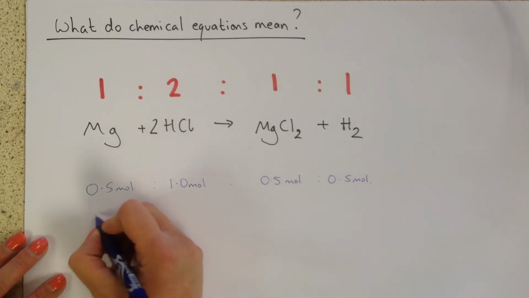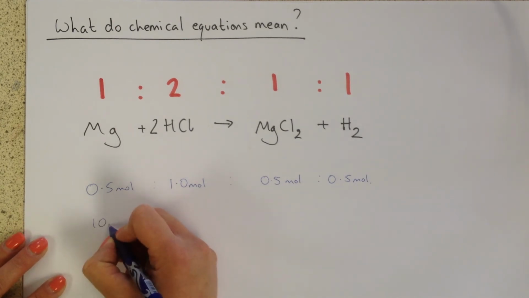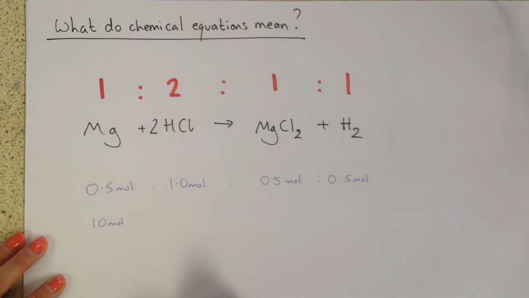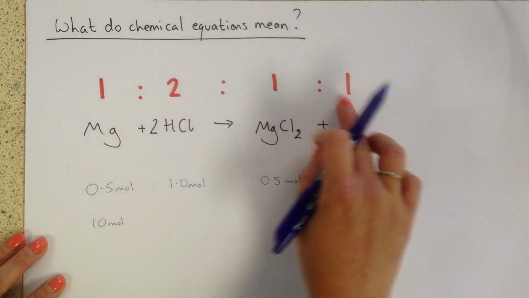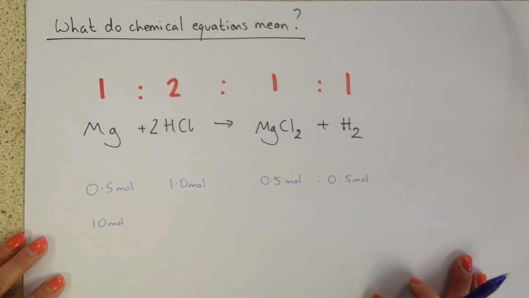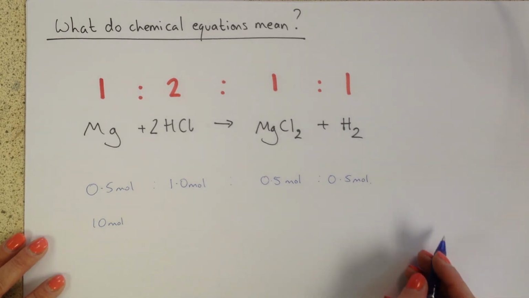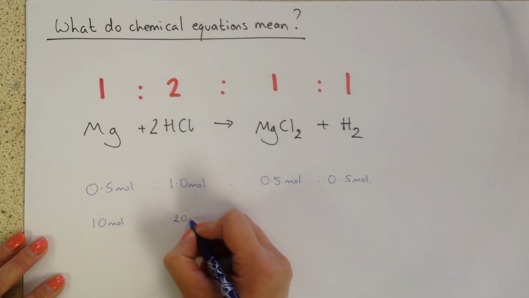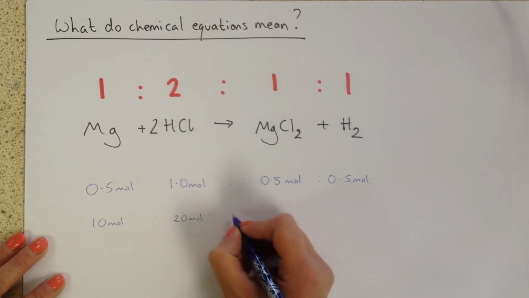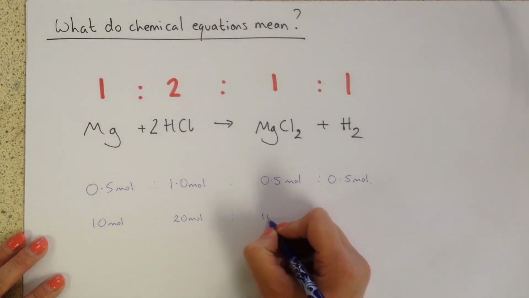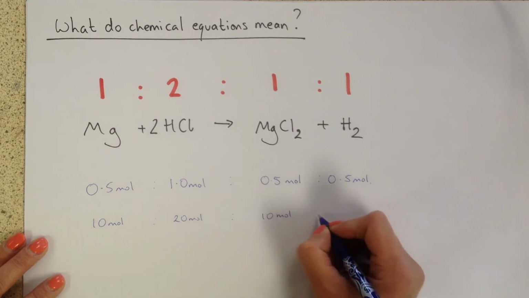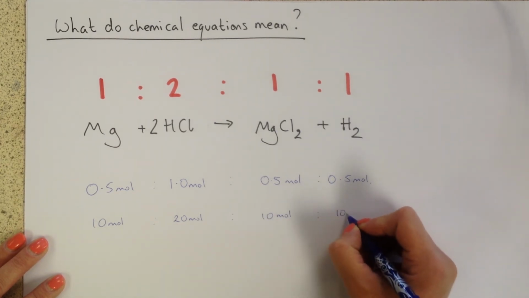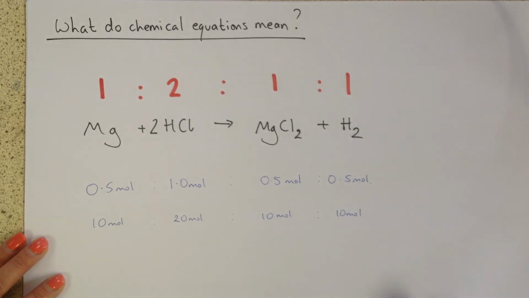Let's talk about 10 moles of magnesium. If the ratio is 1:2:1:1, you can predict what the amounts of the substances are. I'll need 20 moles of HCl. It will produce 10 moles of magnesium chloride and 10 moles of hydrogen.